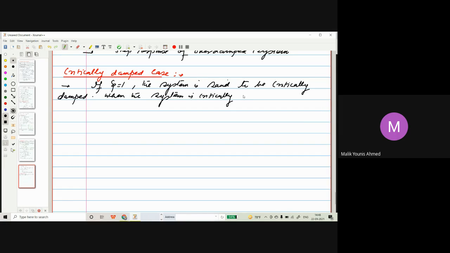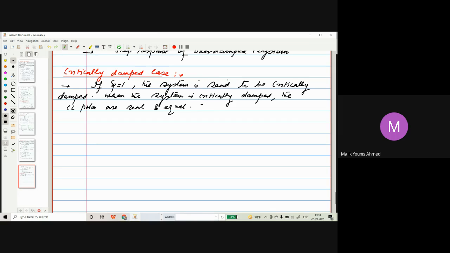If xi is equal to 1, the system is said to be critically damped, and you know that when the system is critically damped, the closed loop poles are real and equal. We have already seen this.